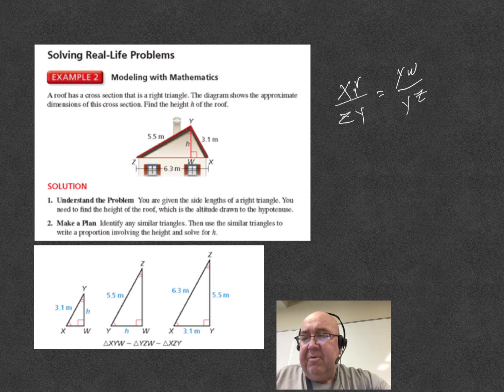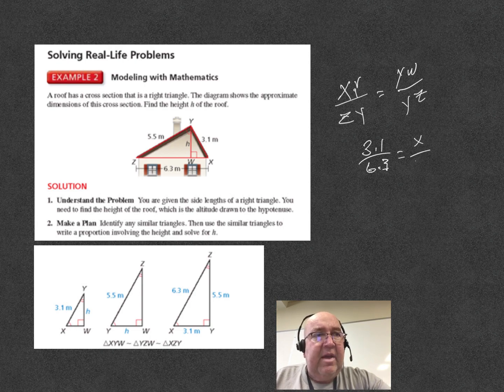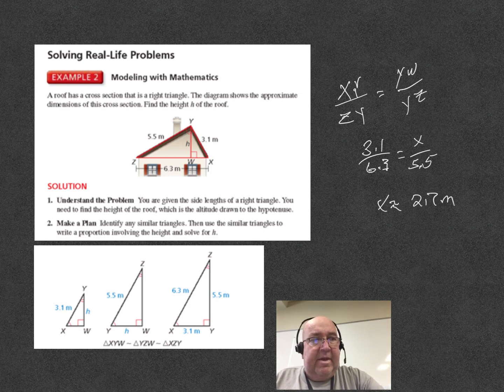So we end up with 3.1 over 6.3 is equal to x over 5.5. To solve for x, we're going to multiply 3.1 by 5.5 and then divide by 6.3, and our x value is going to be about 2.7 meters.